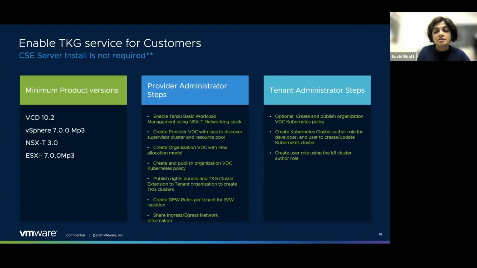It's fairly easy once workload management is enabled on the vSphere infrastructure. It's very easy to integrate within VCD, as we don't install a CSE server, and tenant onboarding takes just a couple of steps: publishing the rights bundle, enabling the UI plugin, and you're good to go.